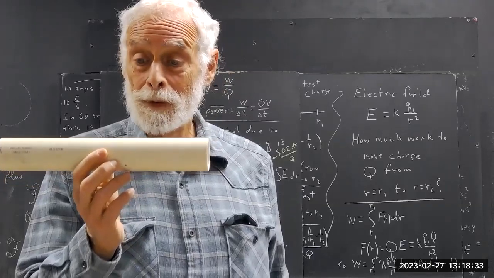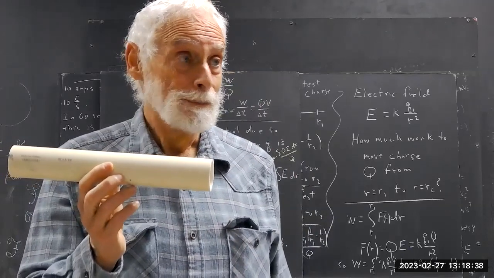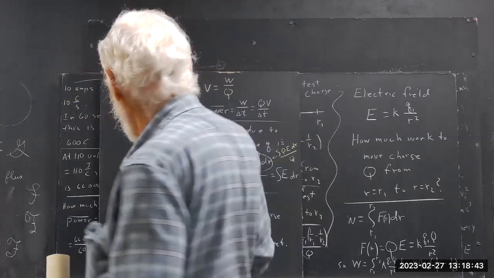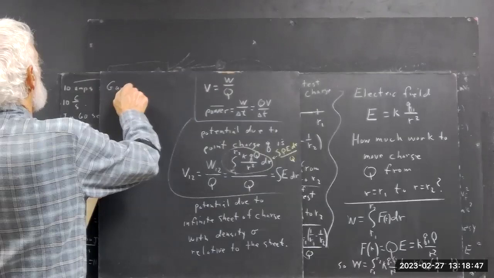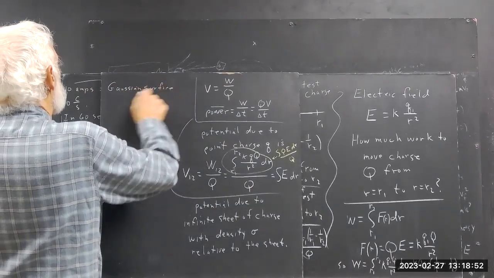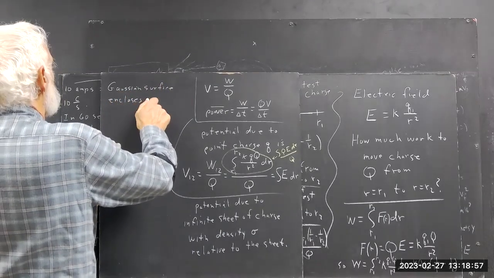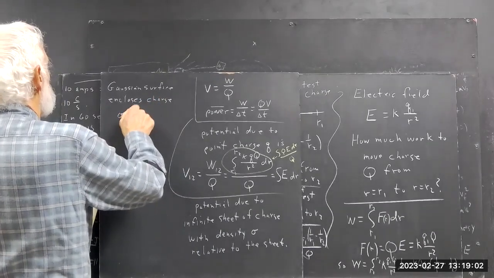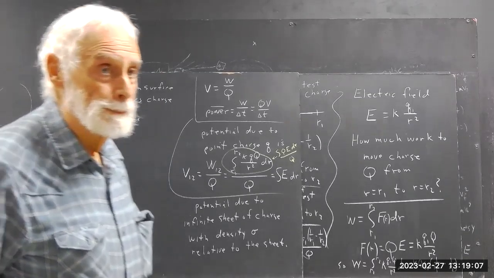So the charge enclosed here is sigma times the cross-sectional area.